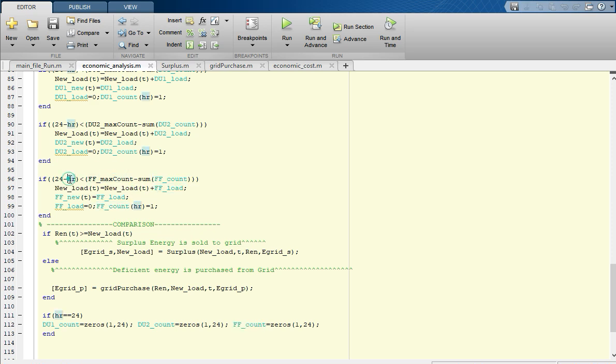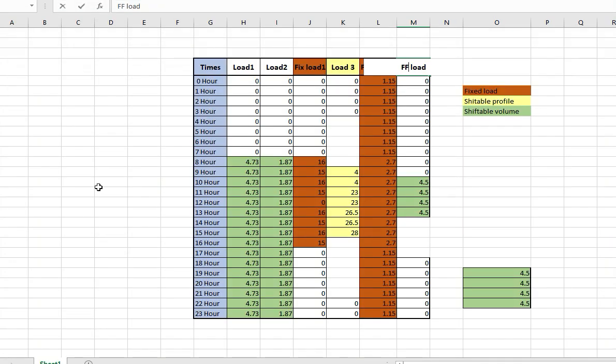It means the alarm situation has come. You have to necessarily adjust this FF load, because you have just the last 4 hours remaining, and you have no choice other than to operate this load for 4 hours.